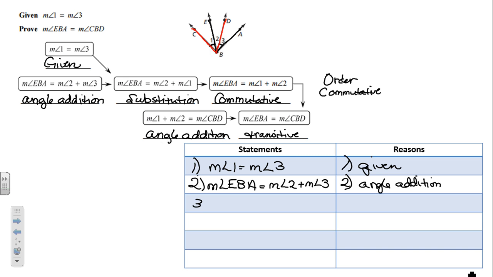Okay. Now, the next thing we said was the measure of angle EBA is equal to the measure of angle 2 plus the measure of angle 1. And that is by the first two, and you could say 1 and 2, and substitution.